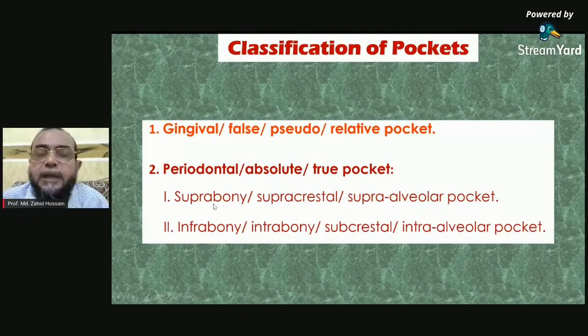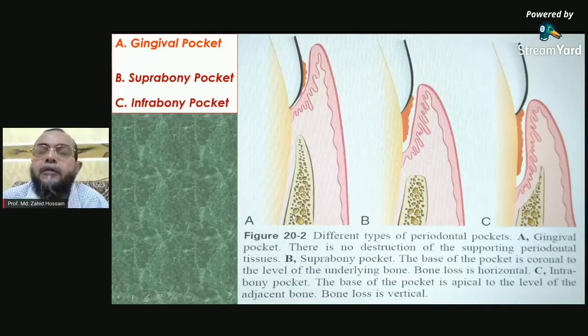The periodontal pocket also has two types. One is suprabony or supracrestal or supraalveolar pocket. Another is infrabony, intrabony, subcrestal, intraalveolar pocket. Different names, but the same. Suprabony means the pocket you will find above the bone. The junctional epithelium is still attached to the cemental junction here.